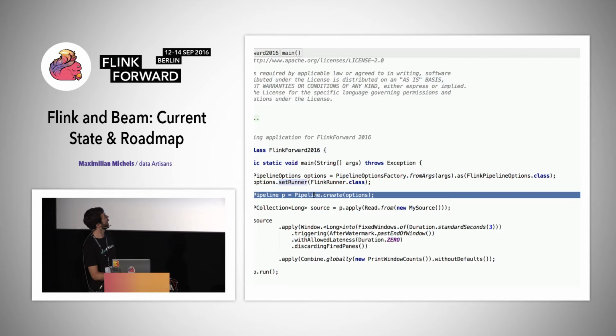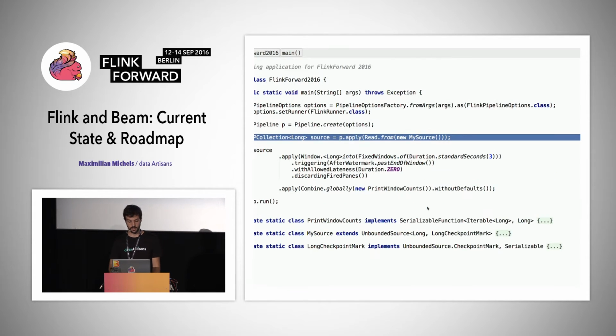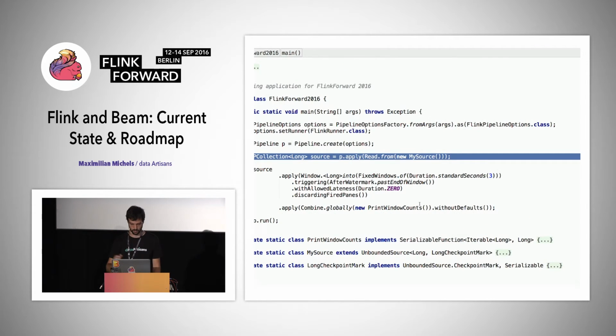I can then go ahead and create a pipeline, and for this test, I created a really simple source which emits integers and lets me see that it always increments the integers regularly, and lets me see that the order in which I'm receiving these is actually according to event time. We will see later on when we execute the program.